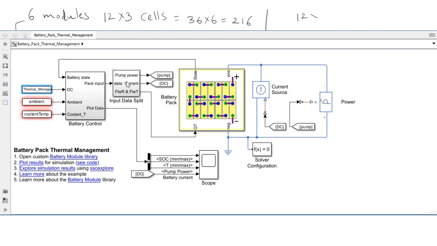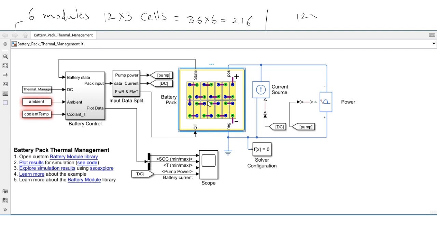So we are splitting the power, pump power and the coolant flow rate. Okay. So this will be given to the pump and this is given to the DC current source. So that is the requirement of current based on the load connected. Okay.